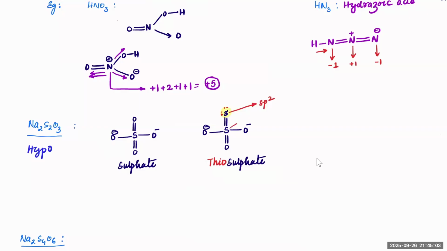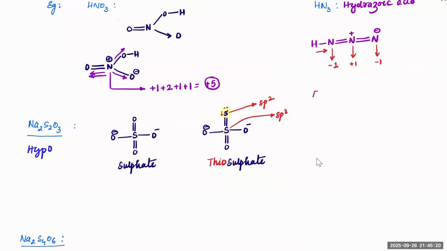One sigma and two lone pairs corresponds to sp2 hybridization. And this sulfur, if you notice, has four sigma bonds: 1, 2, 3, 4. See, pi bonds never account for hybridization. As per sigma bonds, it is supposed to be sp3 hybridization.